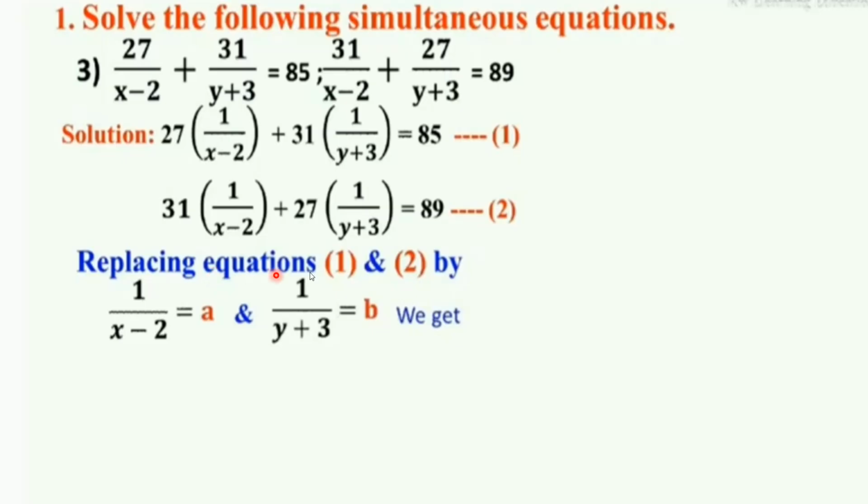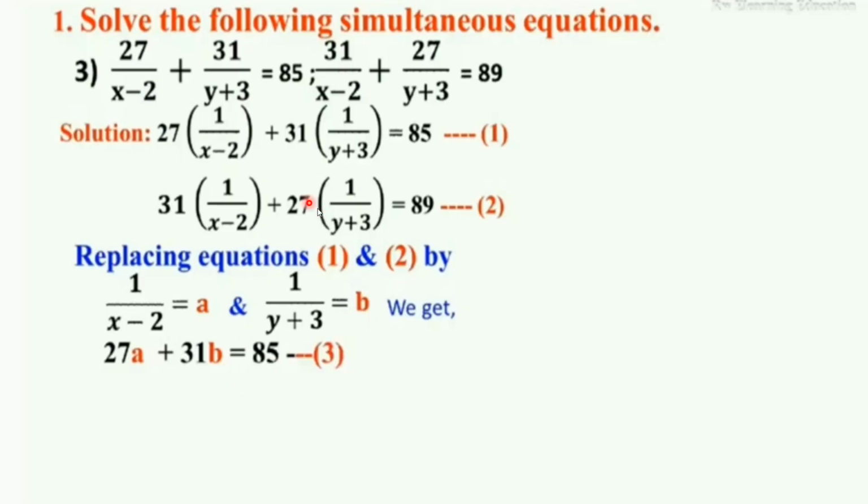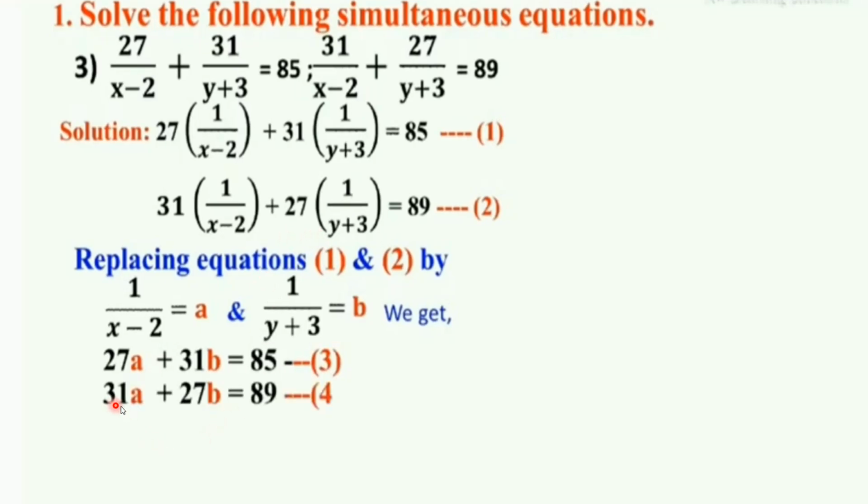So I am going to substitute 1 divided by x minus 2 with the new variable a, and 1 divided by y plus 3 with the new variable b. So after substituting, equation 1 will become 27a plus 31b is equal to 85. I will name it as equation number 3. Then the second equation after substitution will become 31a plus 27b is equal to 89. That is equation number 4.